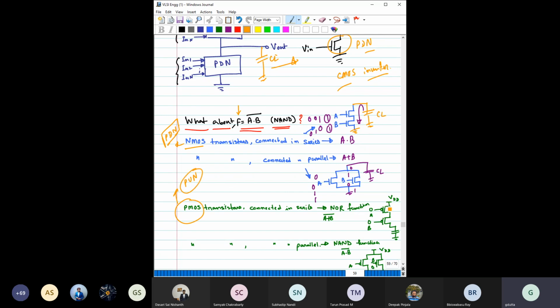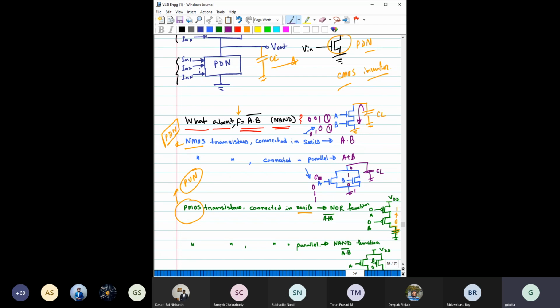If you connect these PMOS transistors in series, it will look something like this: one PMOS, another PMOS, and the output is connected with this CL. The CL has to be charged, and that can happen only when both the PMOSes are on. So when you apply 0 0, both PMOS are on, and at that moment the output can switch from 0 to 1.